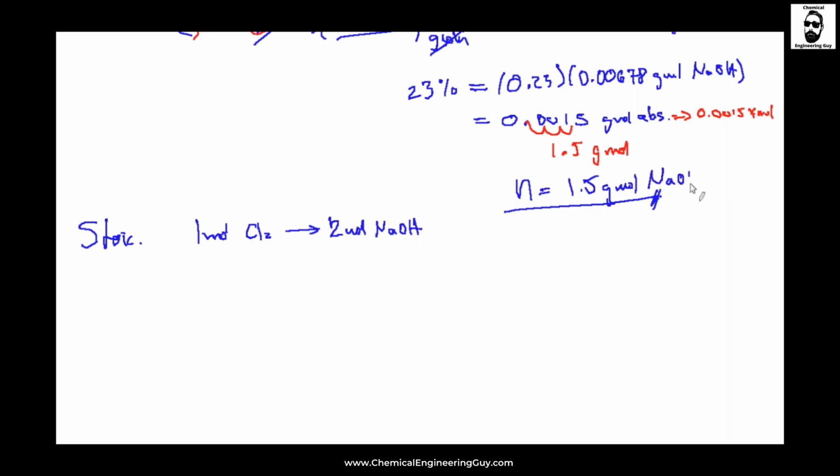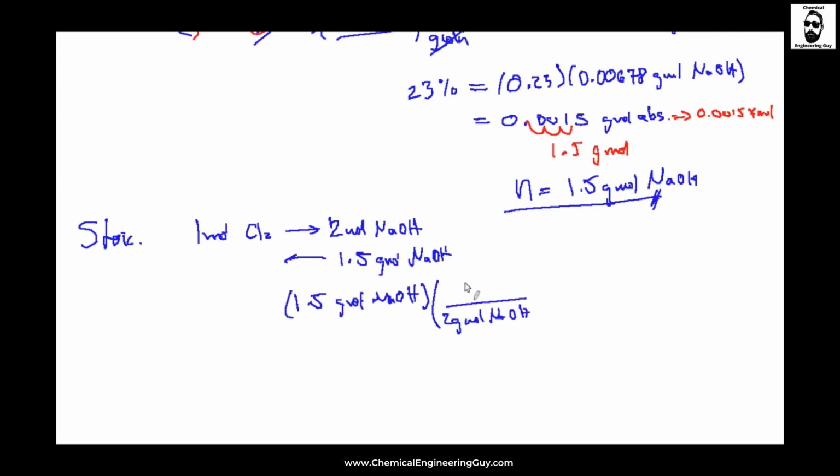I have NaOH, so how many moles do I need if I have 1.5 gram moles of NaOH? So this one is easy, it's actually only 1.5 gram moles NaOH divided by 2 gram moles NaOH and 1 gram mole of chlorine.